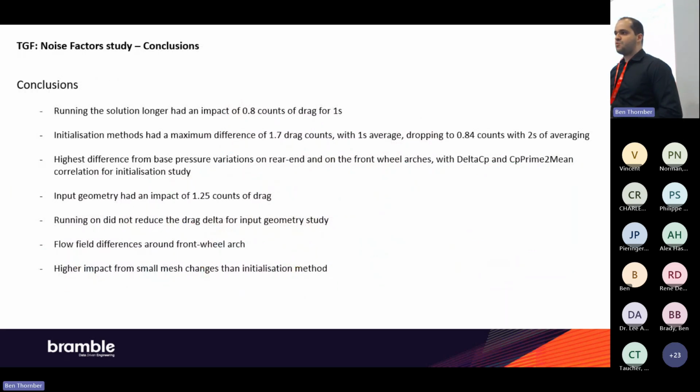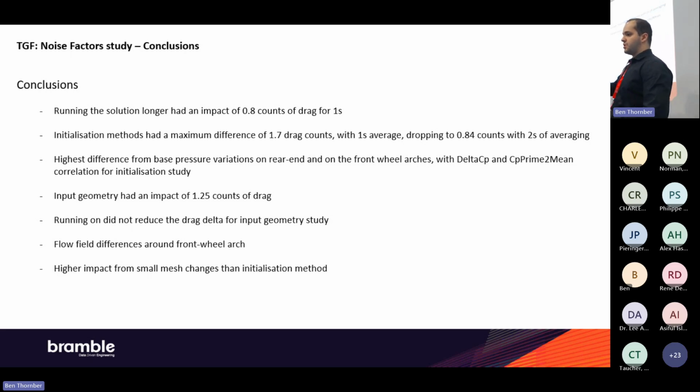Just wrapping up, it was possible to tabulate the impact of different types of settings that can have an impact on noise factors. In terms of physical time, it was around 0.8 counts for 1 second.